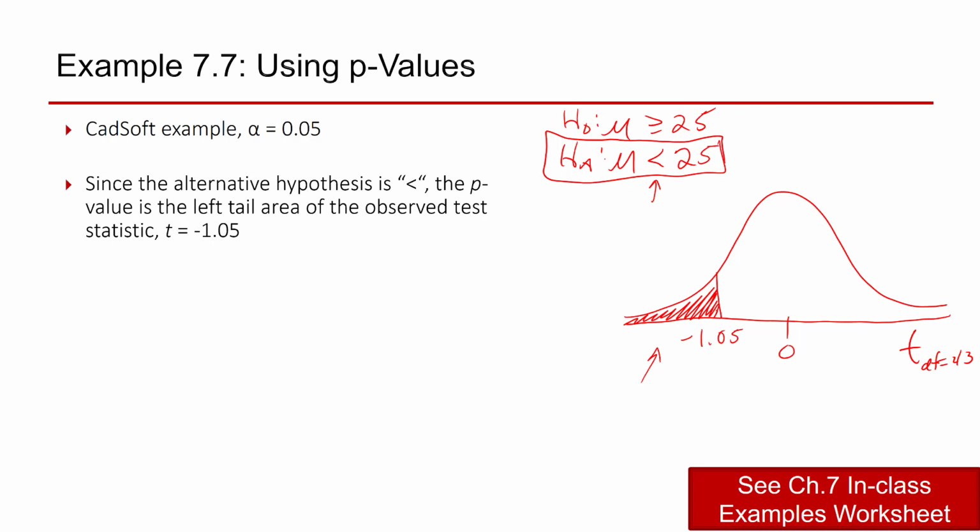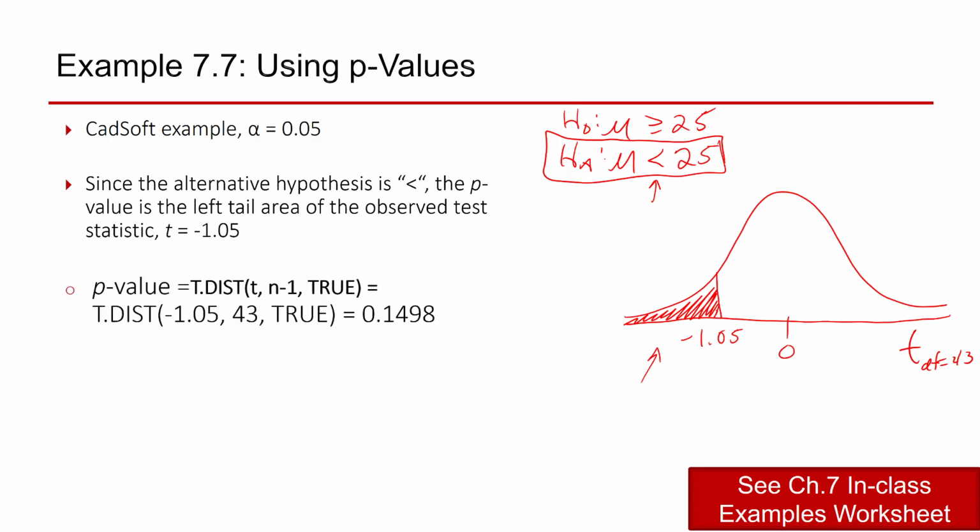And so we've shaded in the area to the left, and when we put that into our t.dist function, so remember the dot-dist functions calculate the area to the left of something, which is what we want. It's taking the test statistic, the degrees of freedom, and true for cumulative. And we end up getting 0.1498.